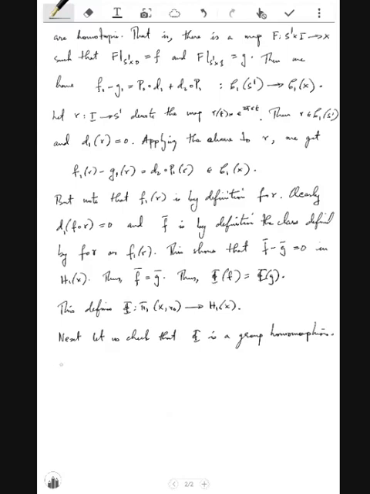So we need to show that phi of f star g is equal to phi of f plus phi of g. So consider the maps.